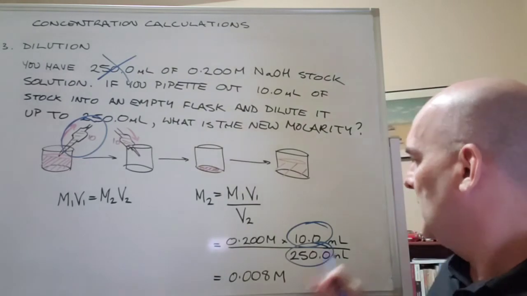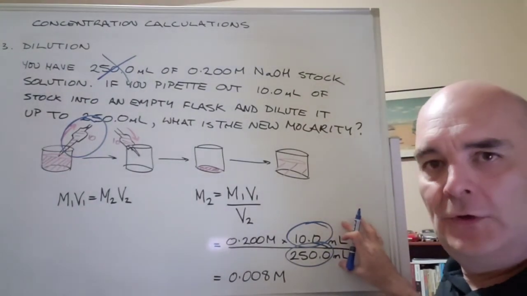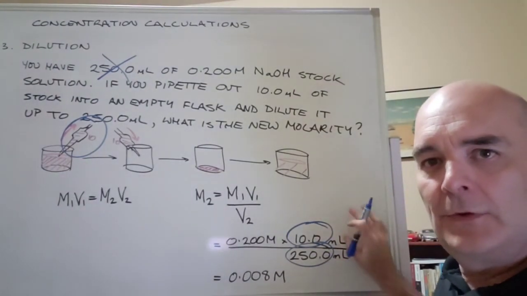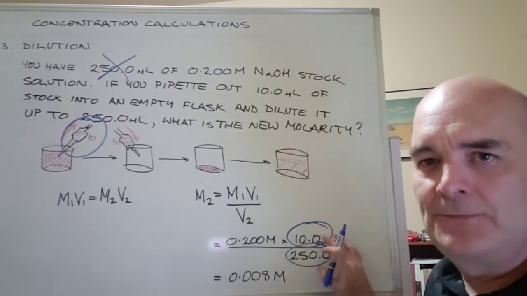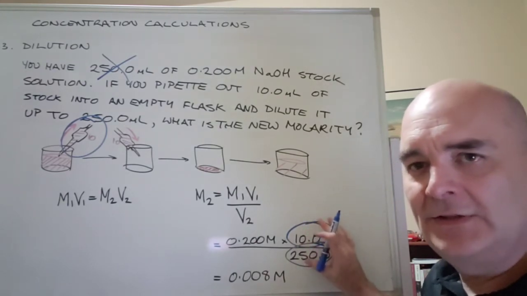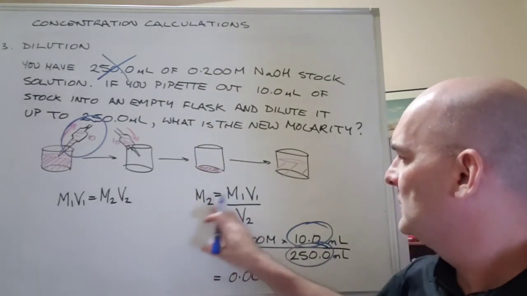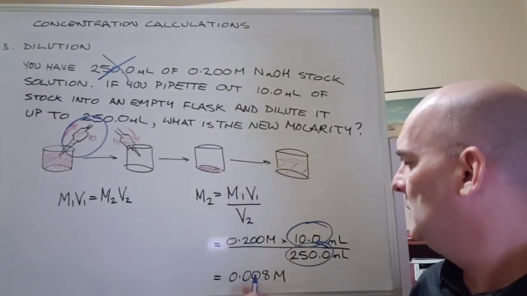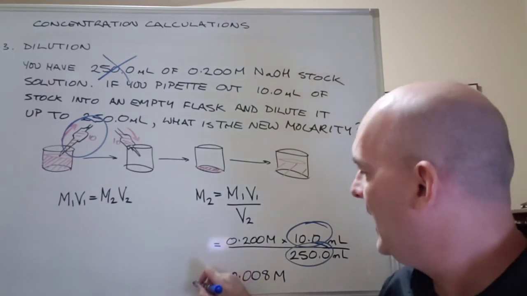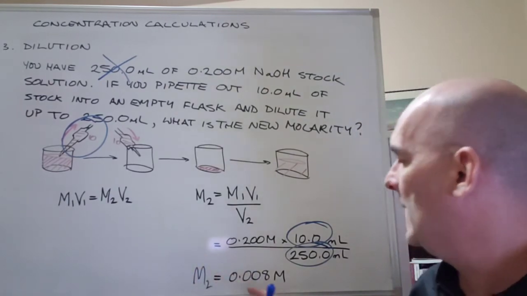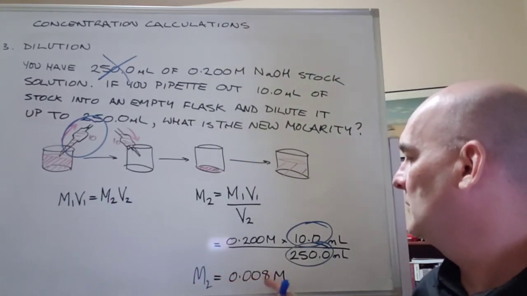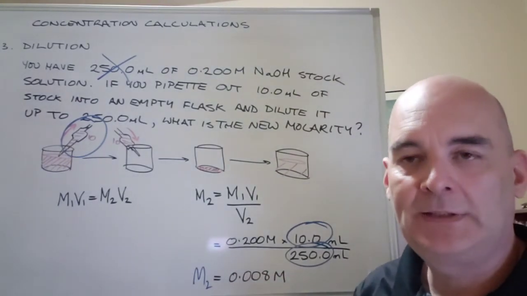In this case, because we're dividing two volumes, those milliliters cancel each other out. So if I turned them both into liters or left them both as milliliters, it makes no difference. M2 equals M1V1 over V2 gives me an answer for M2, my new molarity of 0.008 moles per liter.